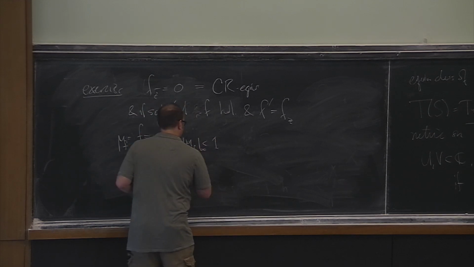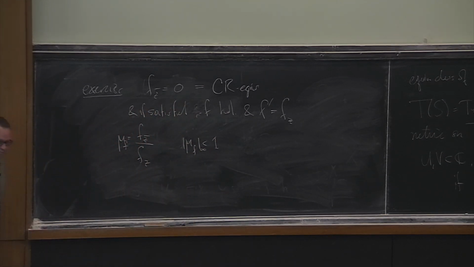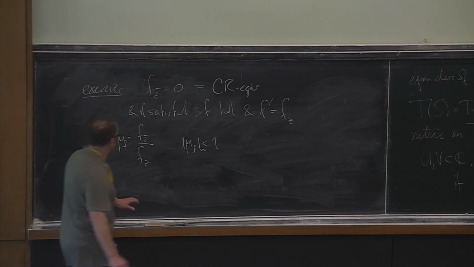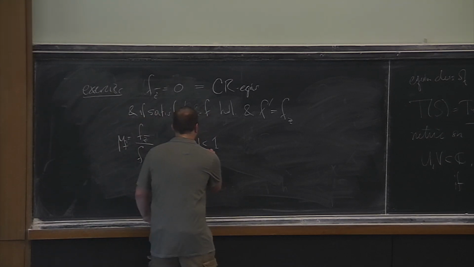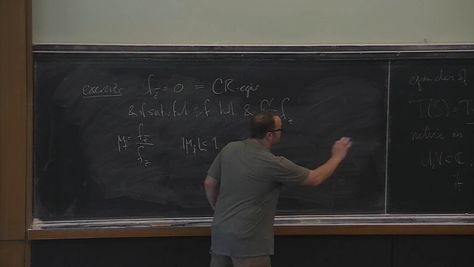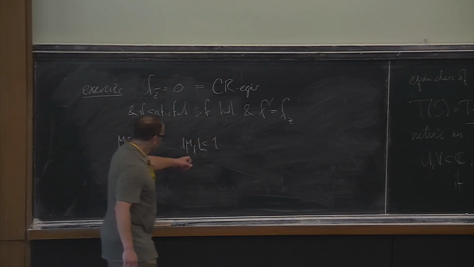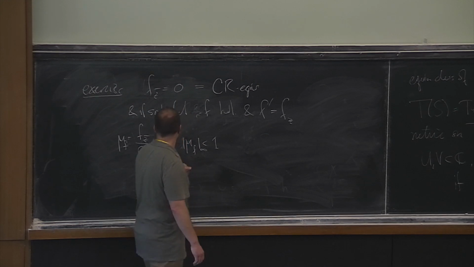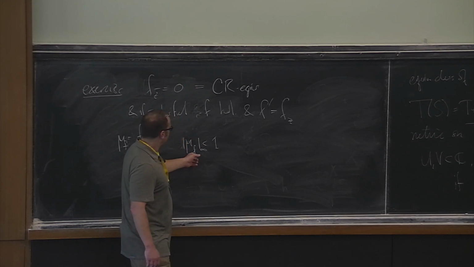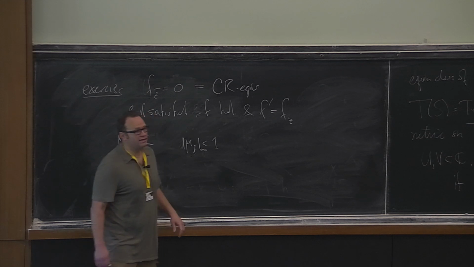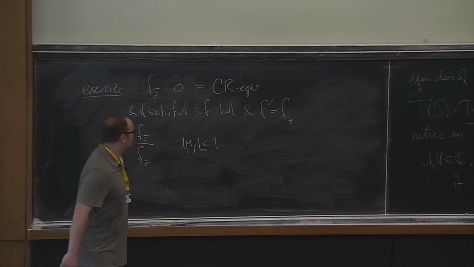We're still looking at maps between open sets in C. If the sup of this is less than 1, then we get a map that's quasi-conformal.